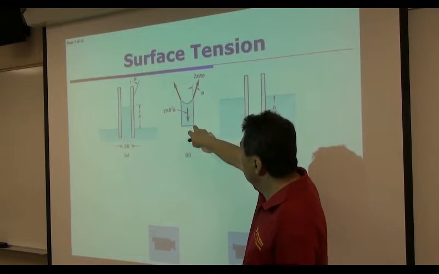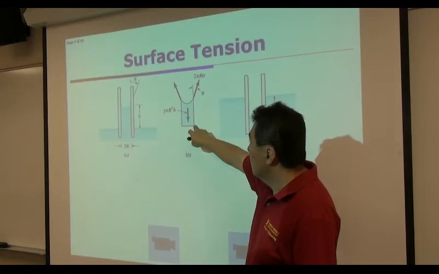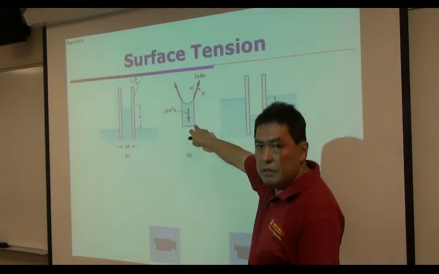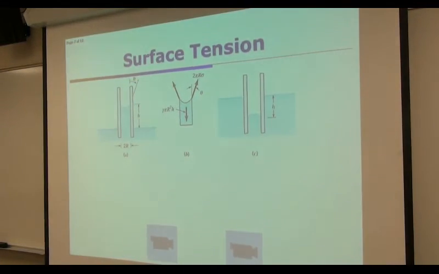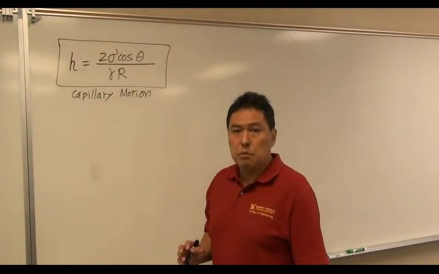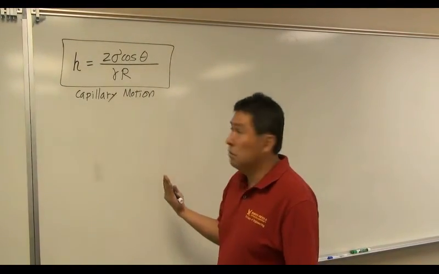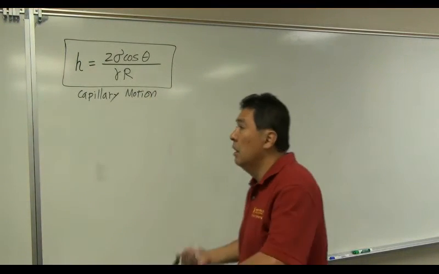Okay. This is, I believe, the homework assignment, so I'm not going to do this. I suppose you are going to do this. By doing this free body diagram and applying force in the vertical direction set equal to 0, you are going to end up with this equation called the capillary motion equation.